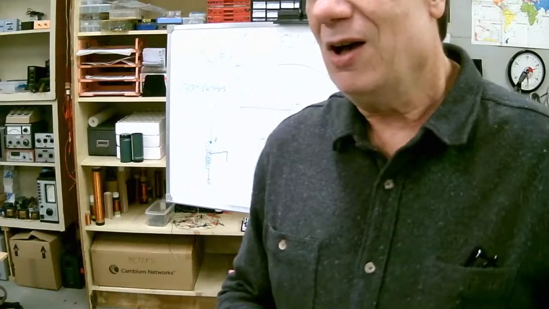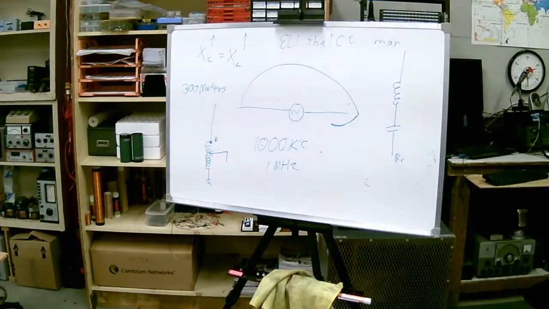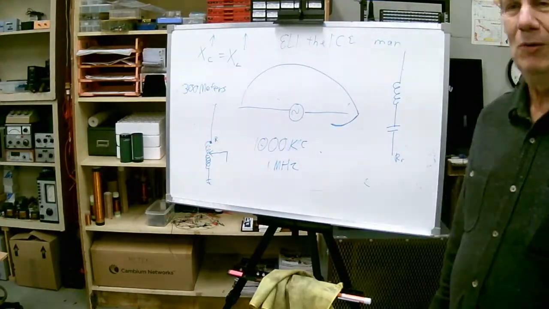Now, here's another thing about that. How do we define Q? What is Q? What's the importance of Q? What does Q practically tell us about a circuit, especially a resonant one?